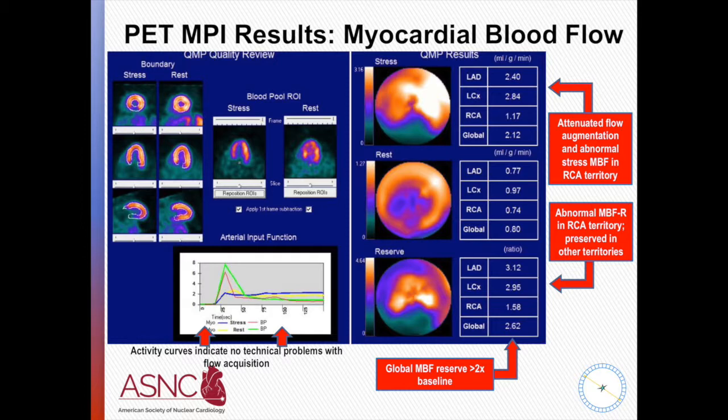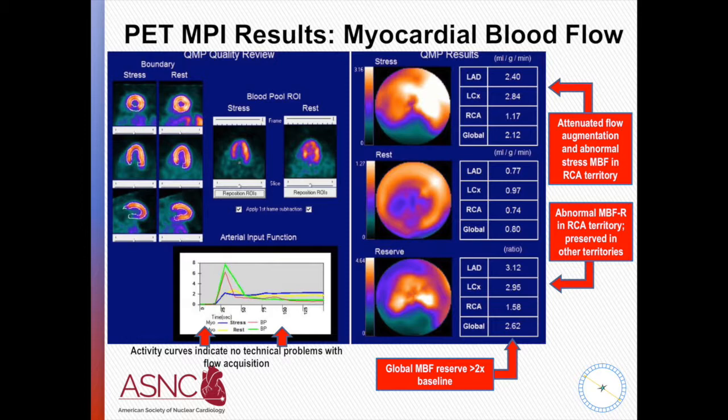Now the pieces of the puzzle are coming together, and we're painting a picture that most probably we're dealing with a high-grade stenosis, as you have mentioned, most likely in a single epicardial territory. So here PET can give you the ability not just to direct the patients to the catheterization laboratory, but also to give a highly educated guess about their potential anatomy or what they might be having.